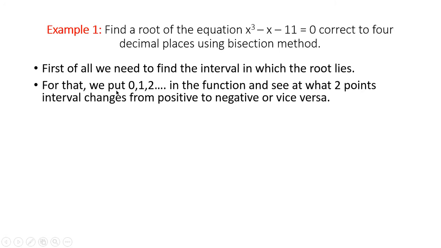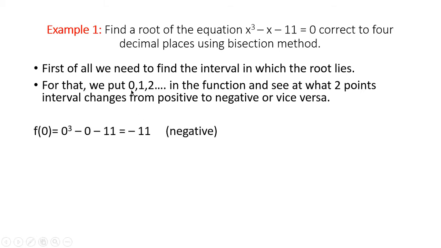To find an interval, we put 0, 1, 2 in the function and see at which 2 points the value of the function changes from positive to negative or vice versa.